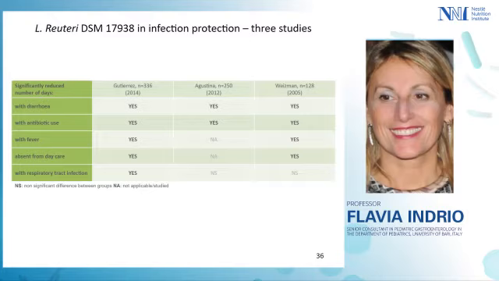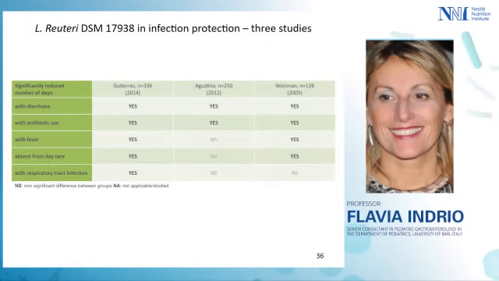He randomized those babies to receive reuteri or placebo, and found that all the babies who received the strain of Lactobacillus reuteri had fewer episodes of diarrhea, less antibiotic use, fewer days of fever, fewer days of absence from daycare, and also less respiratory tract infection.